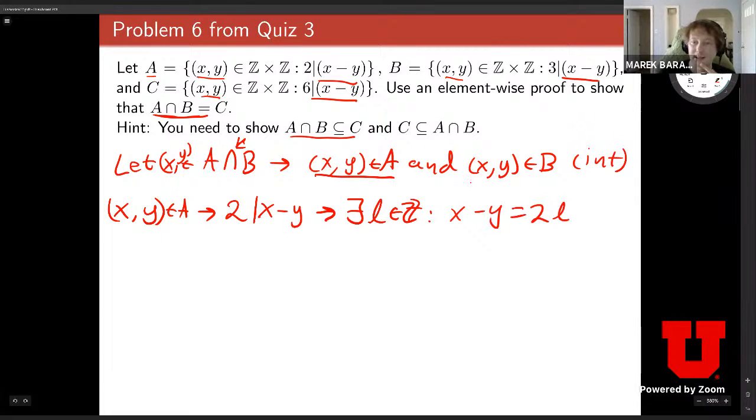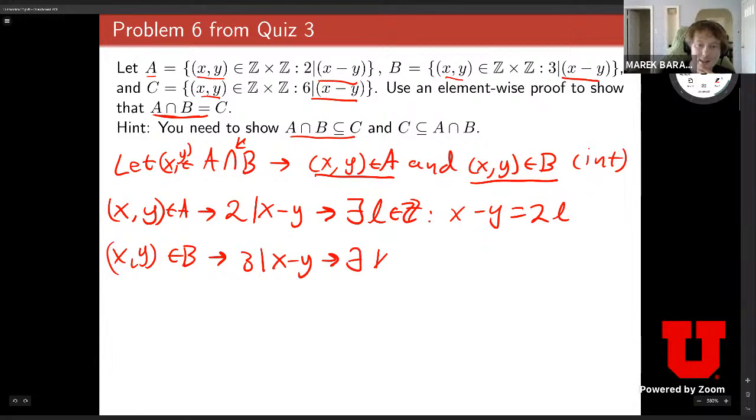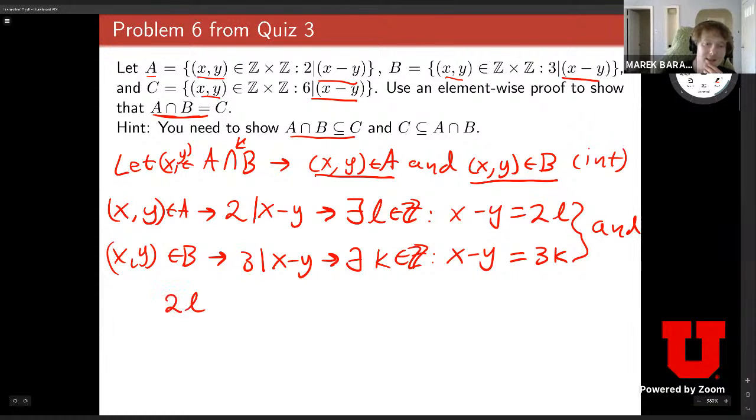Then for XY in B, that means 3 divides X minus Y, so there exists a K in the integers such that X minus Y equals 3K. Both of these are true, so we can set them equal to each other: 2L equals 3K.